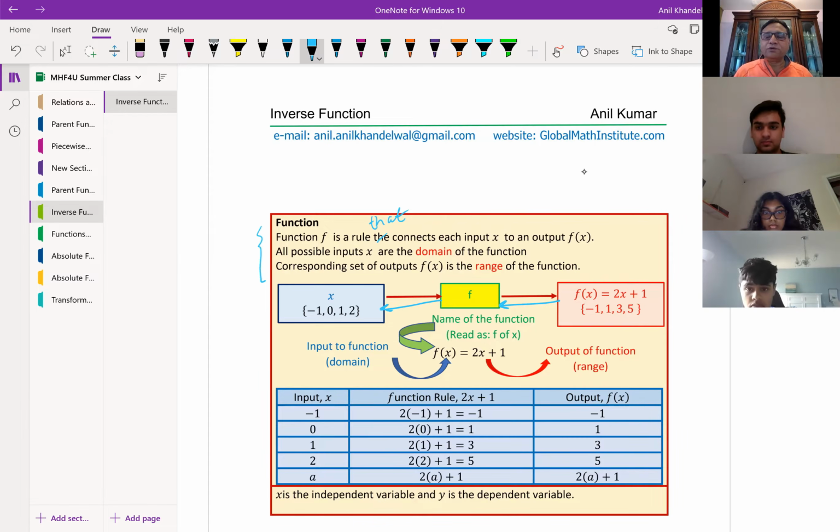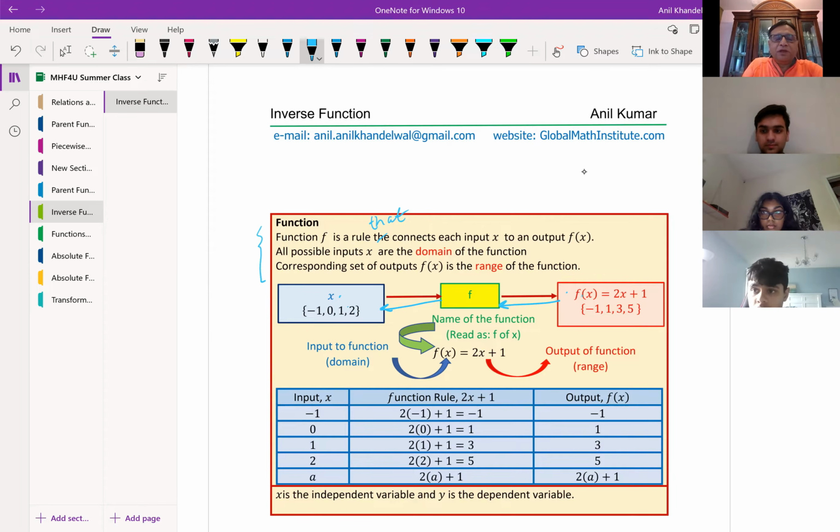So basically, you could say that inverse of that function really means that the output should now be x, right? Because we fed in x, we got f of x, and now we will feed in f of x, and we should get x back. That is what the whole operation is, right?